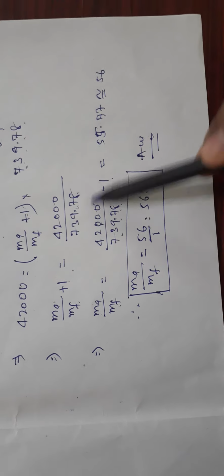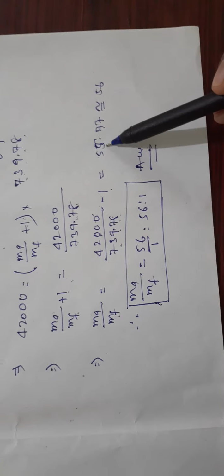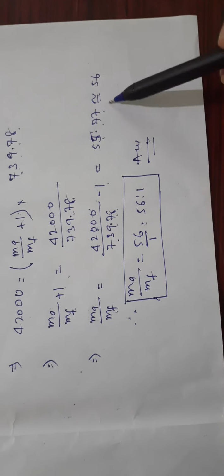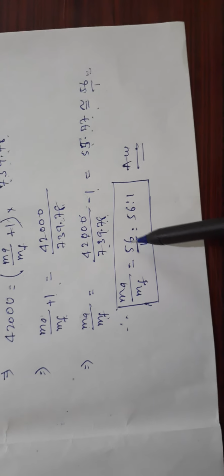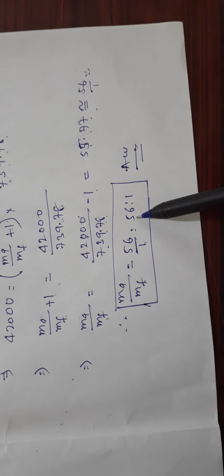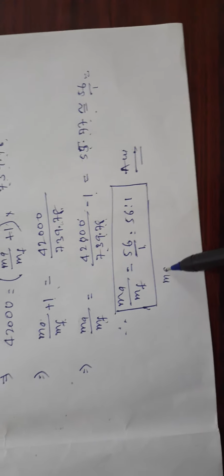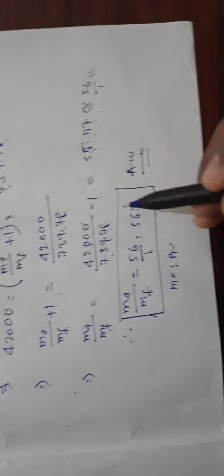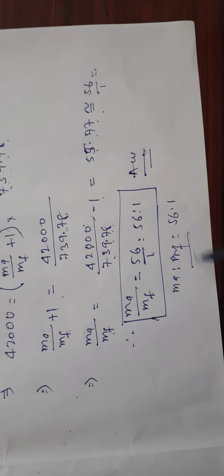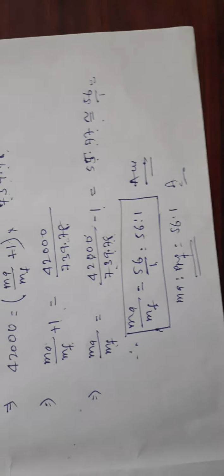After calculating, we get 55.77, approximately 56 by 1. So Ma by Mf is 56 by 1, which means the air to fuel ratio is 56:1. This is the answer. Okay, thank you very much.